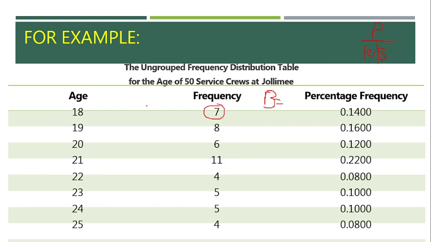If your 7 is your what? Percentage. So, you are trying to get the rate. This is the rate. Why is it percentage frequency, sir? Because we are referring to your percentage. So, 7 is your percentage.